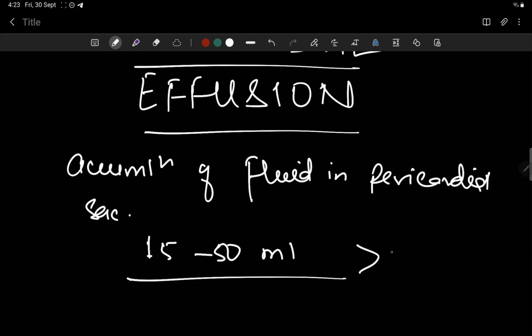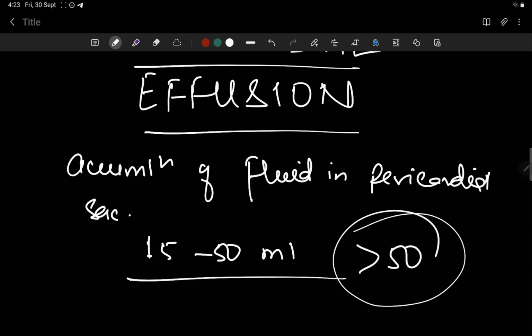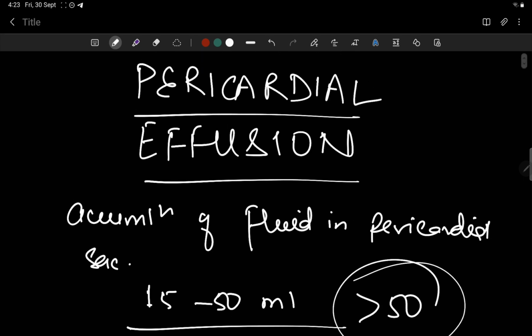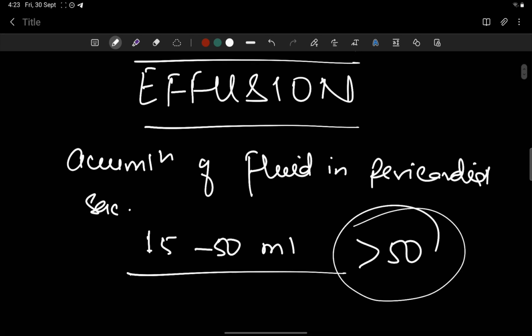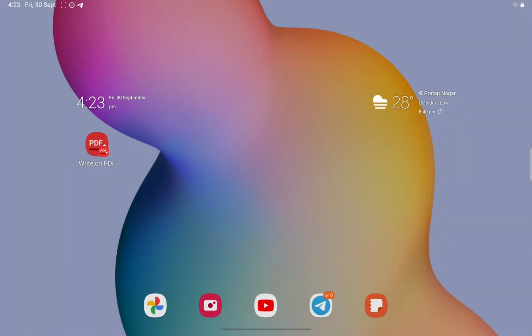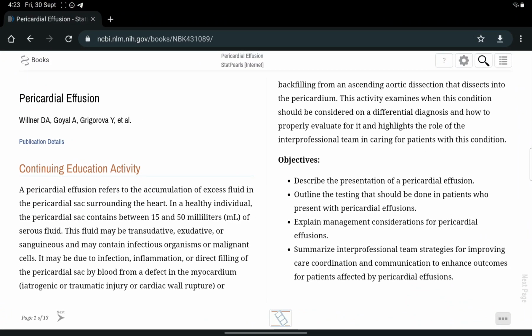Okay, if it exceeds 50, you will see the effusion symptoms. Here you can read what pericardial effusion is. It refers to the accumulation of excess fluid in the pericardial sac that surrounds the heart, and the normal fluid it contains is 15 to 50 ml of serous fluid.